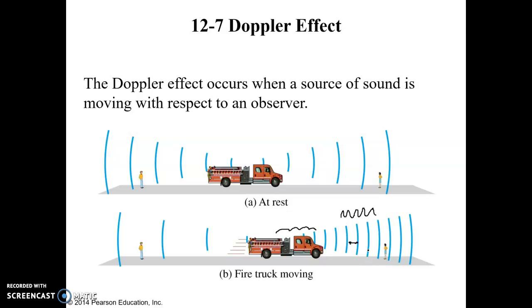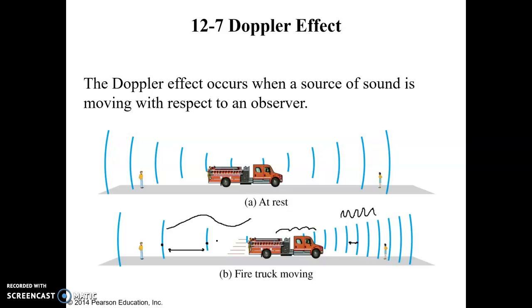And you can hear the difference in a higher frequency. Versus if you're standing back here and the fire truck is moving away from you, every time it creates one of these waves, it drives further away by the time it creates the next wave. And what happens is these sound waves get spread out further apart. And so you have a lower frequency. And so you can hear that.